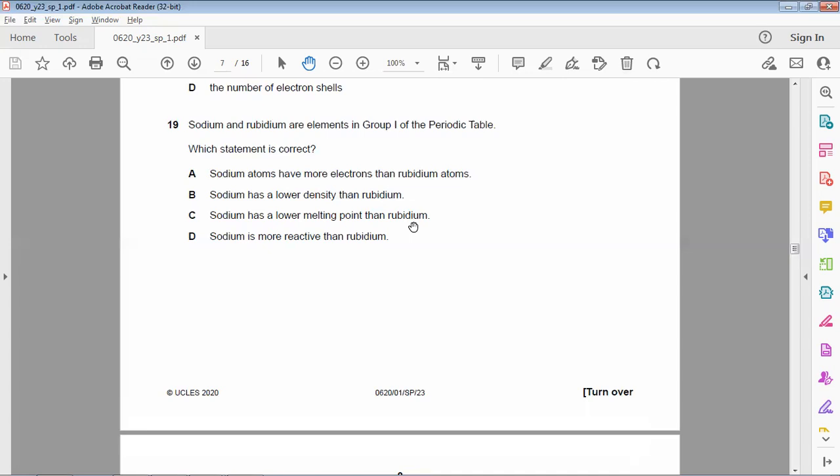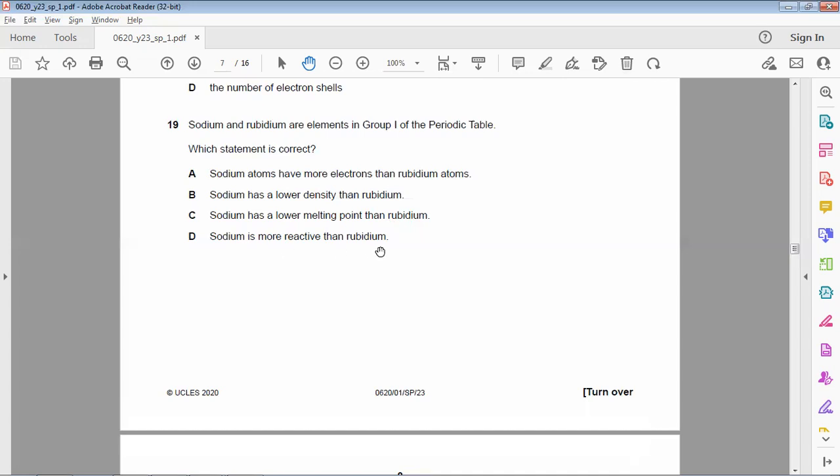When metallic bonding takes place, the attraction is stronger when the metal atom is smaller because the nucleus can easily attract the free sea of electrons. That's why sodium has a higher melting point than rubidium: metallic bonding favors the smaller atoms at the top.